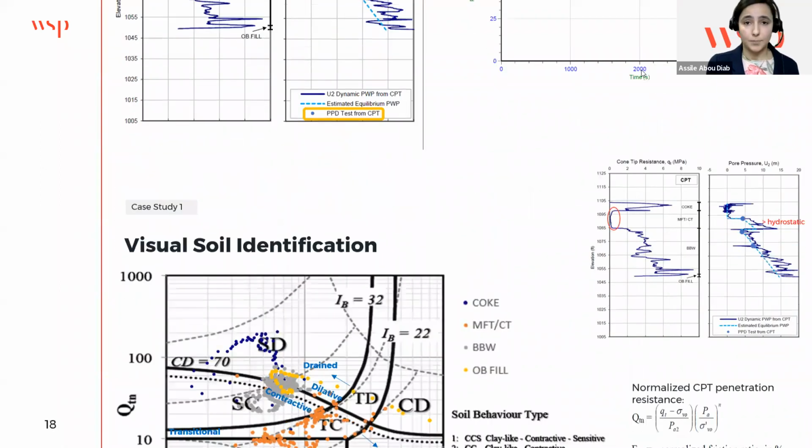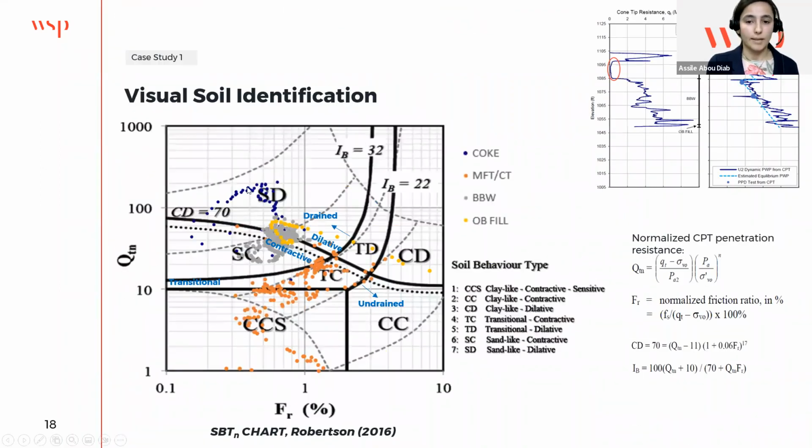Now this is the same CPT location. I'm plotting it on the soil behavior type chart. Just to explain a bit of background about this chart, it was developed by Robertson in 2016. There are other older versions of this chart, but I'll be focusing on the latest. On the x-axis, we have the friction ratio, which is the ratio of the sleeve friction to the cone resistance.